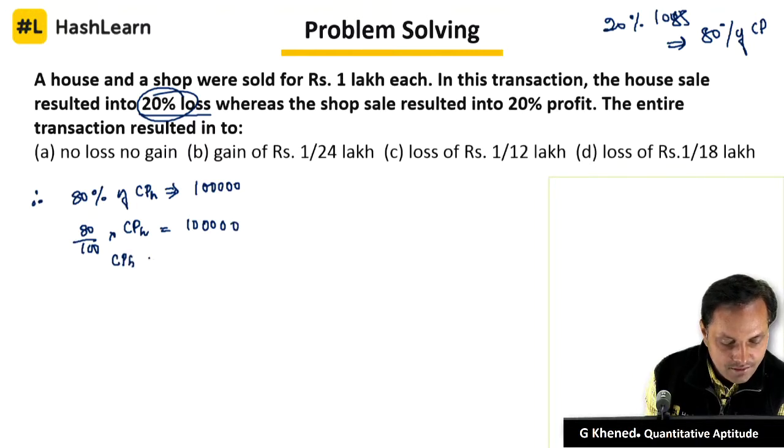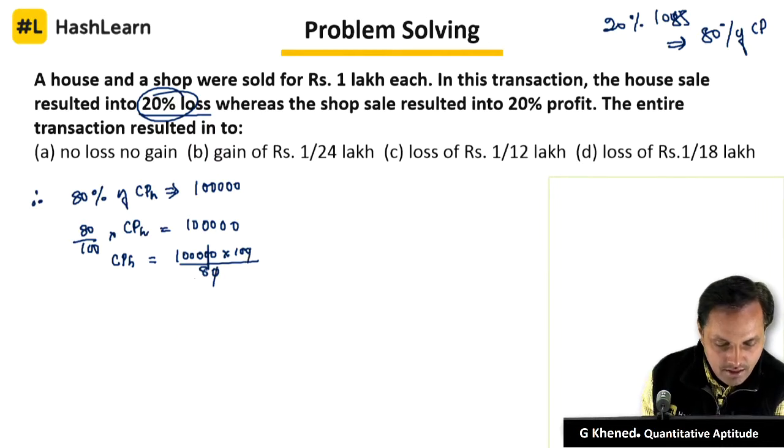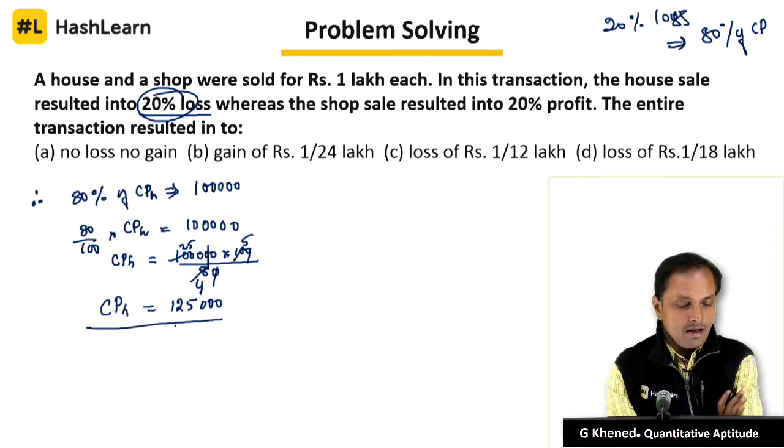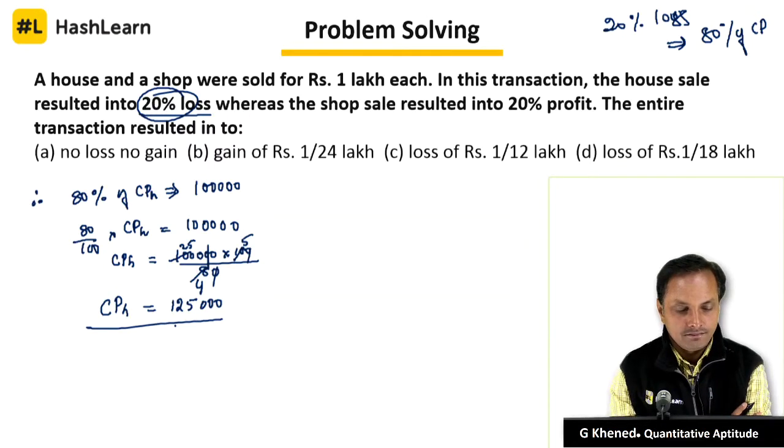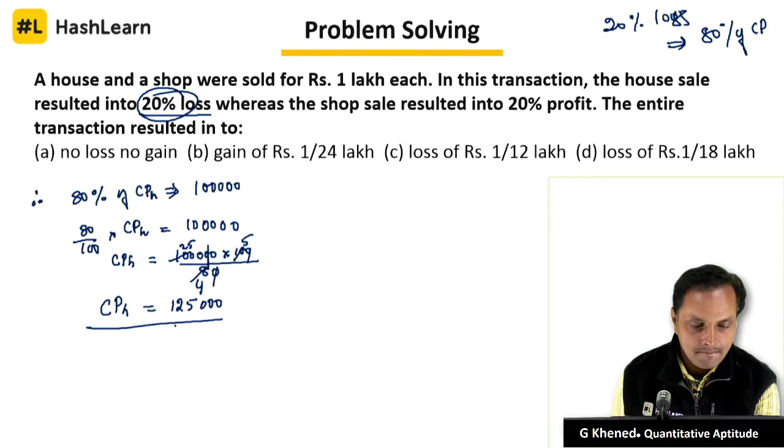What is the cost price of the house? If you cancel this with this, 2 4s are 8, 2 5s are 10, 4 25s are 100, 25 5s are 125. So your cost price of the house is 1,25,000 rupees.